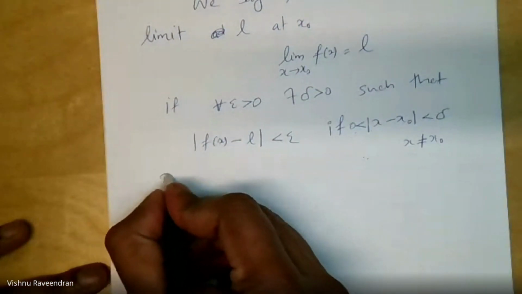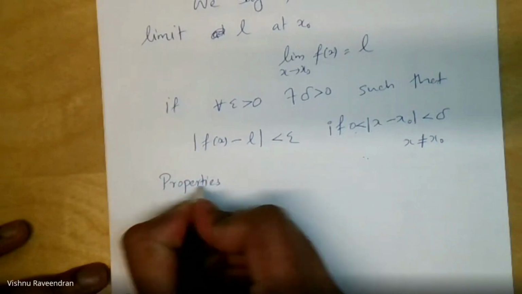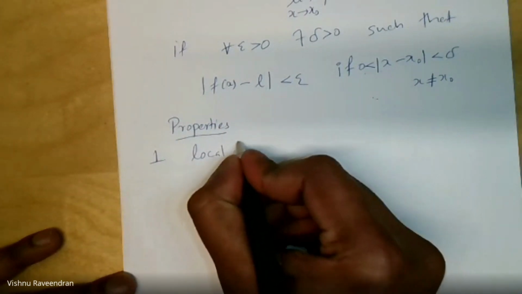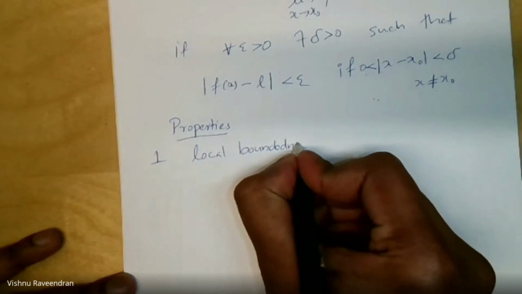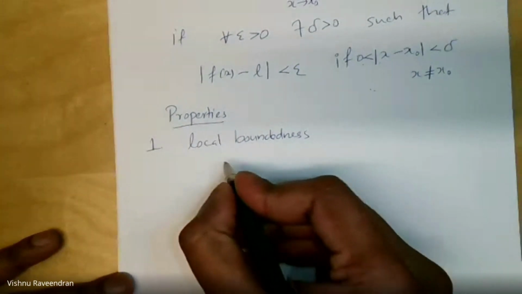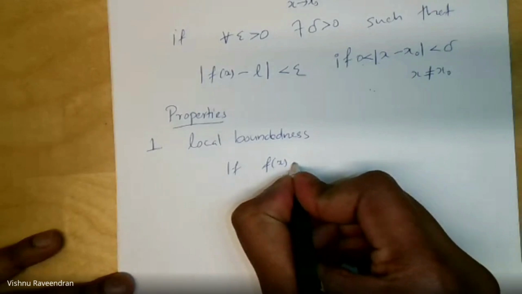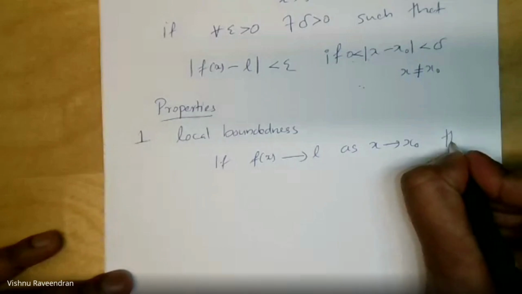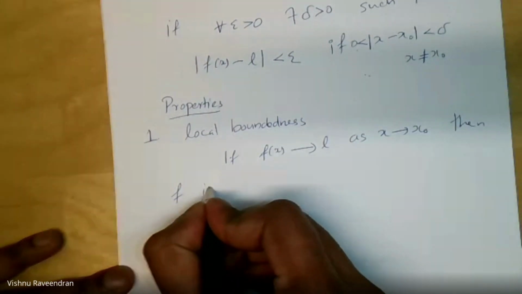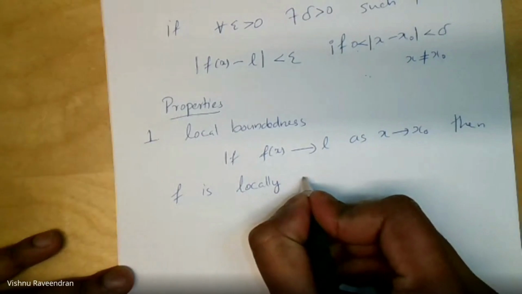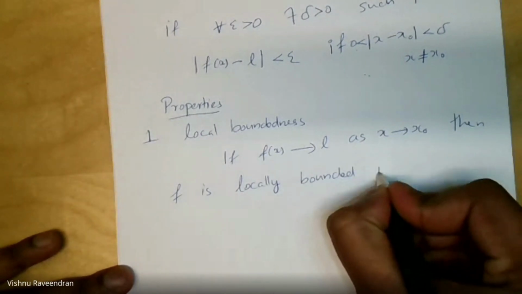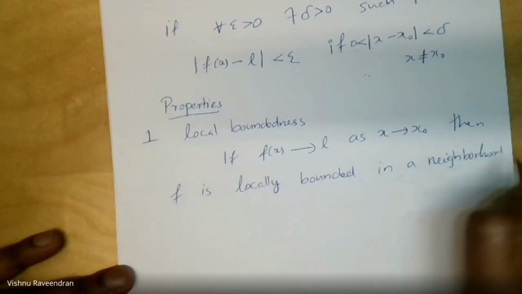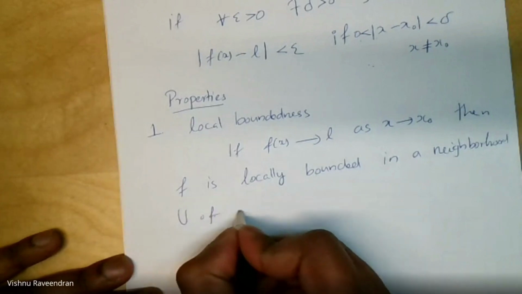Yes, so let's recall some properties. The first one is local boundedness. What it says is that if f of x goes to L as x goes to x naught, then f is locally bounded in a neighborhood U of x naught.